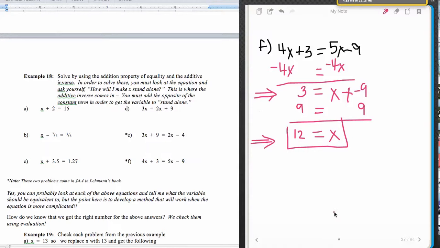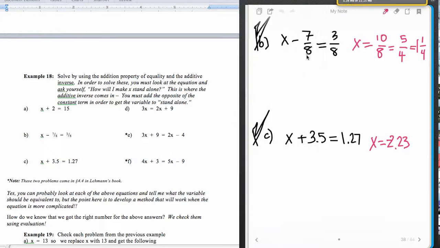So now we're going to go ahead and check all of our solutions. Our first part, part B here, we're going to check our solution by plugging in the value that we got for x, which was 1 1/4, which comes back to 5/4, and then building the higher term, we would end up back at 10/8.